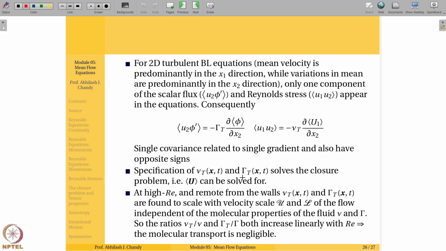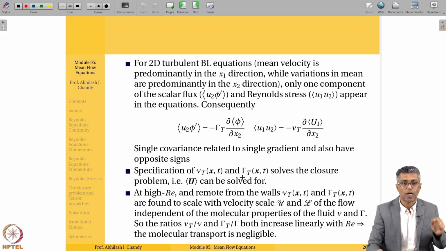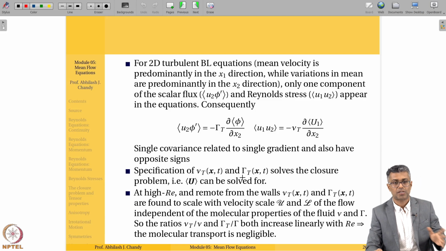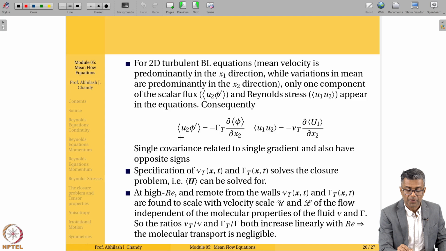So for 2D, if you consider what this means for 2D boundary layer equations, only one component of the scalar flux and Reynolds stress appear in the equations because it's 2D and it's boundary layer, so you have neglected certain terms. So what it boils down to is u2 phi prime is minus gamma t times del x2 of phi.